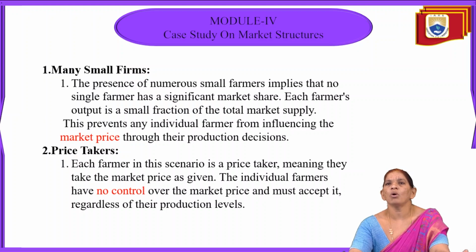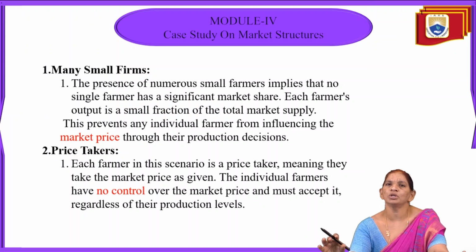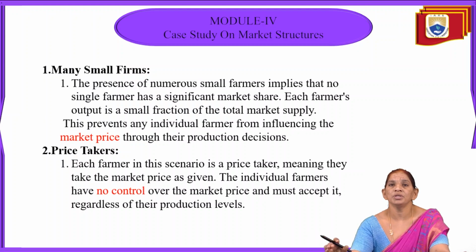The area is famous, and the stock or produced product we get from that area reflects the significance of all the farmers or producers of that area together. Each farmer's output is a small fraction of the total output supplied.